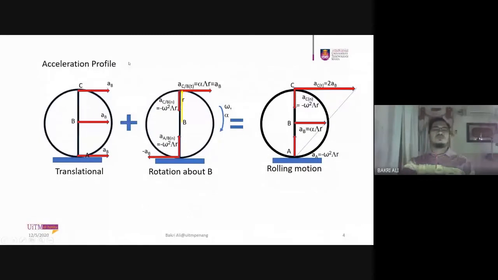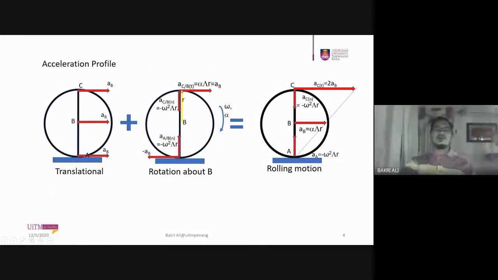For acceleration, we have the same translational motion with the acceleration AB, which is the acceleration of the center of the wheel, combined with the rotation about point B. Due to the rotation about point B, we have two components of acceleration, which are tangential and normal.